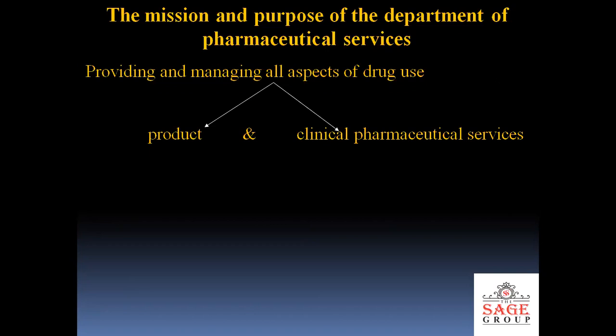The product and clinical pharmaceutical services, they take care of both product services or supply of medicine, drugs, surgical instruments, glasswares, and some fumigating agent or some disinfectant also. And they are also involved in clinical pharmaceutical services.